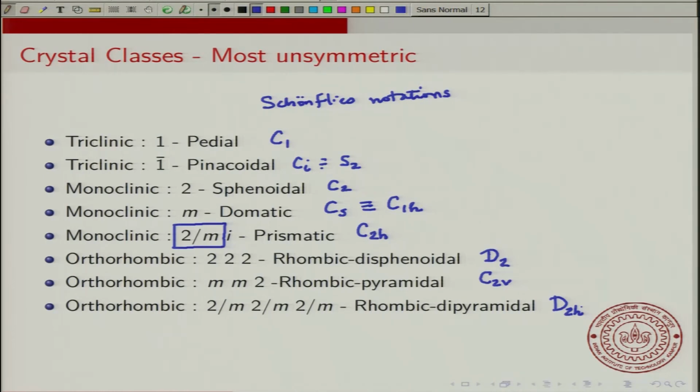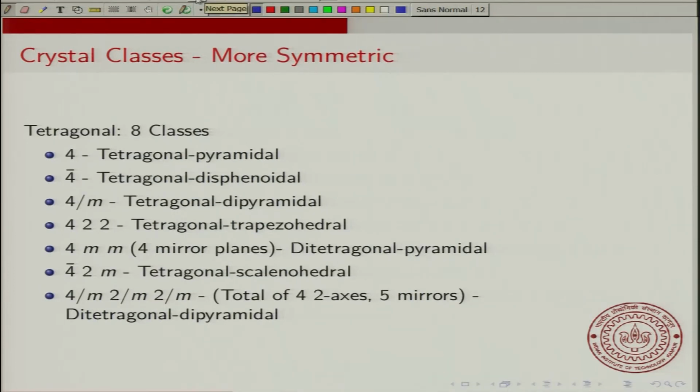Now again we won't be talking too much about the Schoenflies notation, but it is likely that you will see it in some cases. Now let's go to the tetragonal groups. If you just have a 4-fold axis, then the Schoenflies notation is C4. If you have a 4 bar, then it is S4. If you have 4/m, then it is C4h.